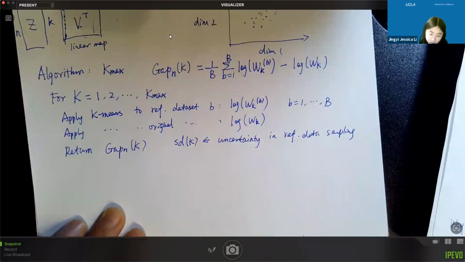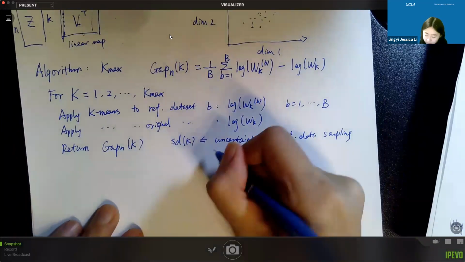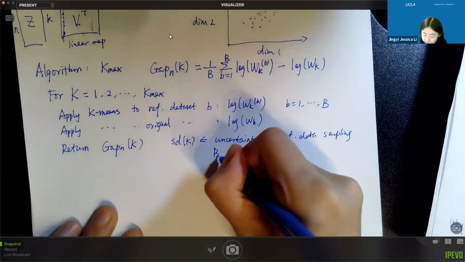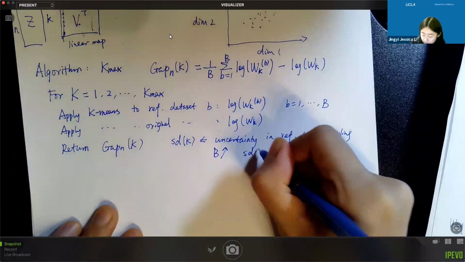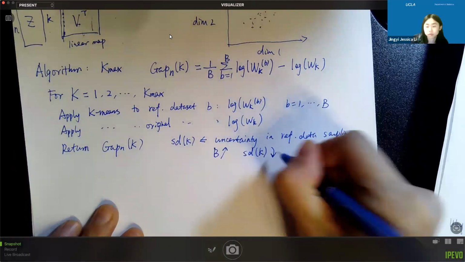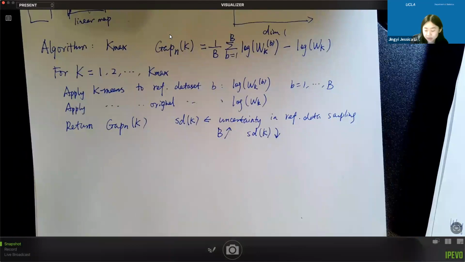So in short, as the B goes up, the standard error of K will go down. That's the relationship. If the B is very small, then you have a larger standard error in your gap statistic. So for choosing K, the authors apply something called a one standard error rule.